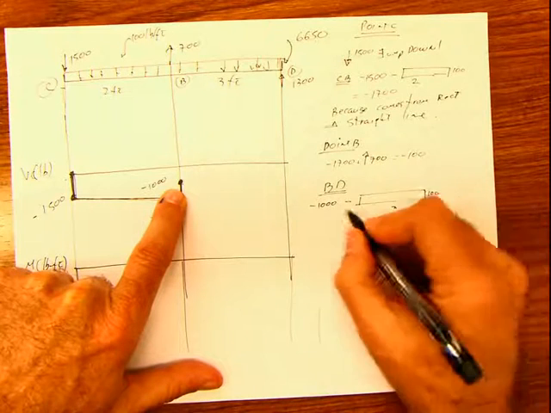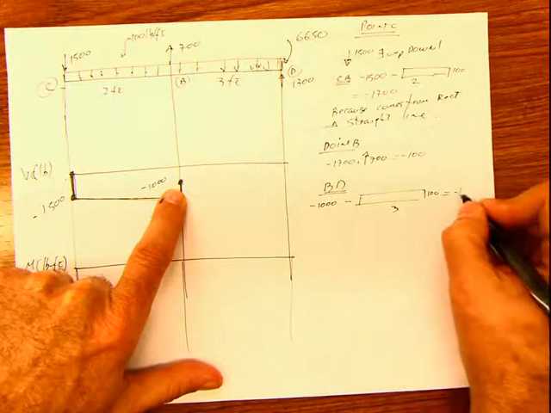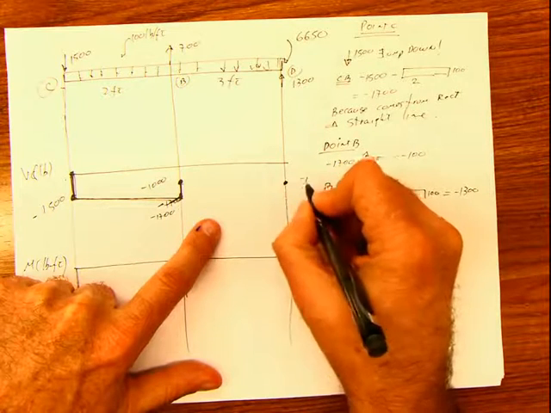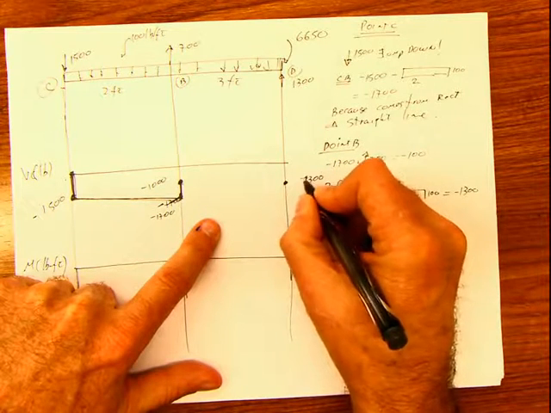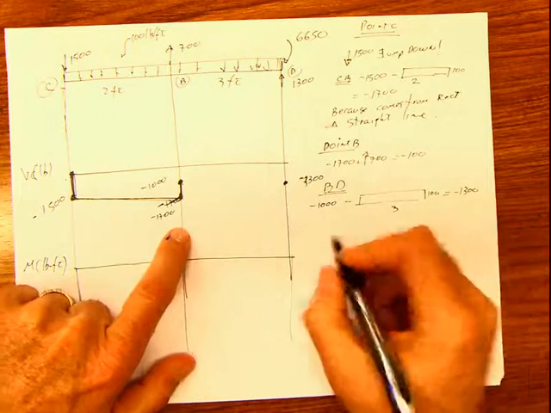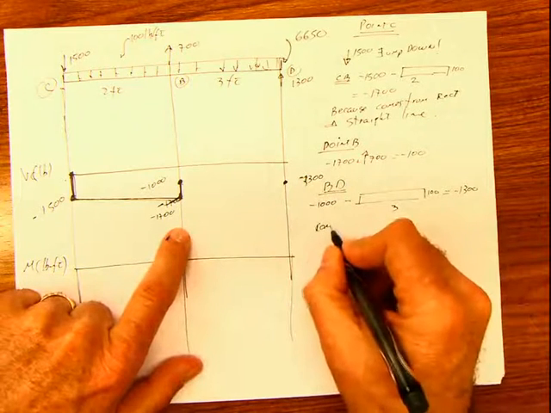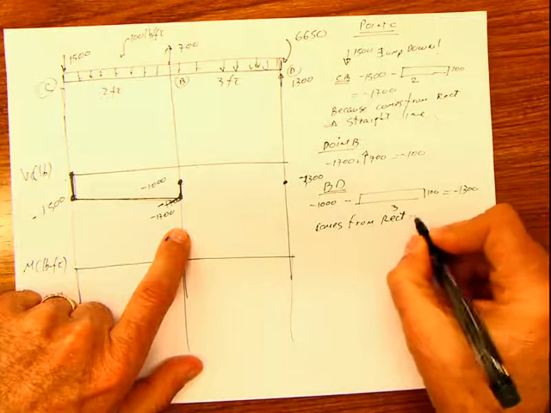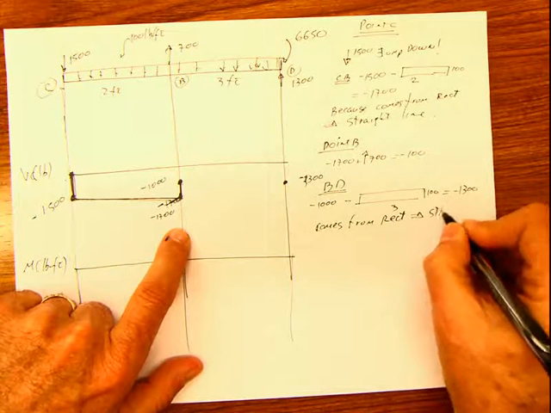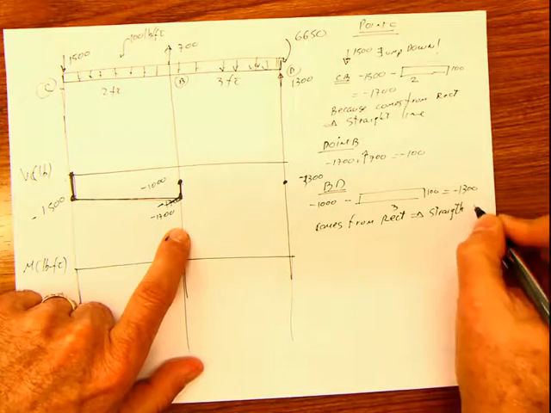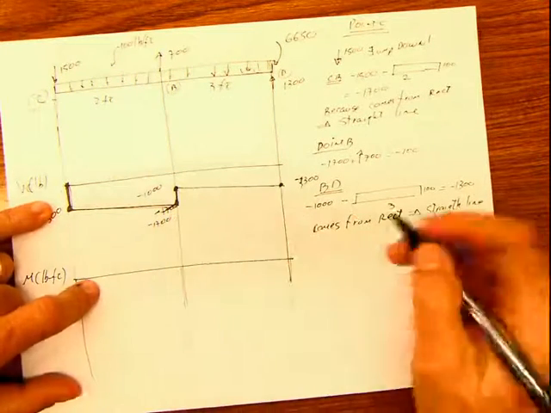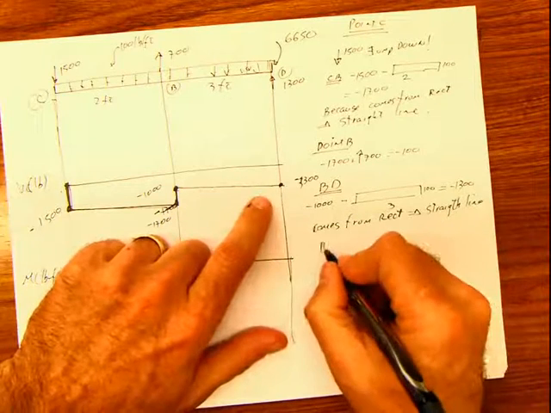So this is negative 300, negative 1000, negative 1300, meaning this comes here to negative 1300. Because it comes from a rectangle, it is a straight line. So these are two straight lines.